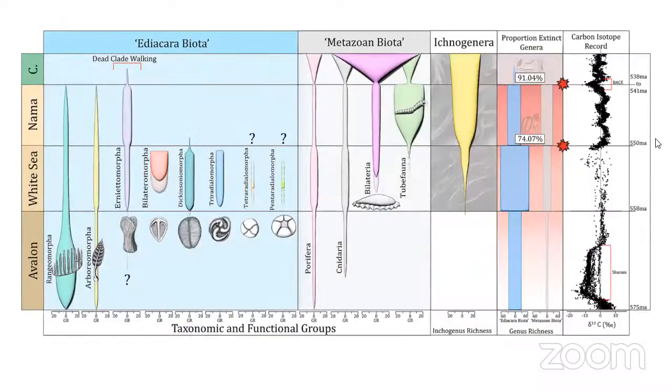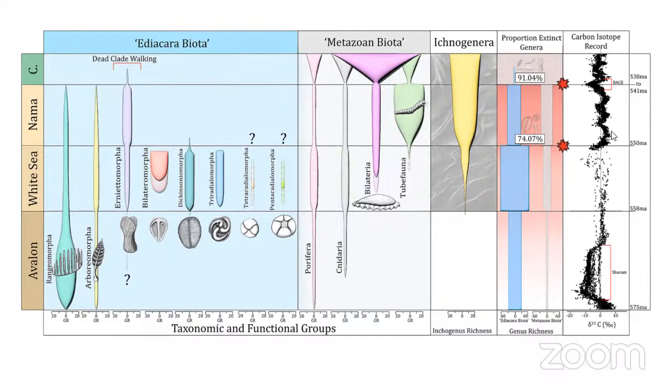So here is just a picture of that carbon cycle change. So now we can look, instead of at the Ediacarans, at the metazoans here on this chart. All right, so as we were going into the Cambrian is the C here. At the end of the Ediacaran, we had a lot of different Ediacaran biota, a lot of diversity there that starts to narrow off and then disappear when we get to the Cambrian.